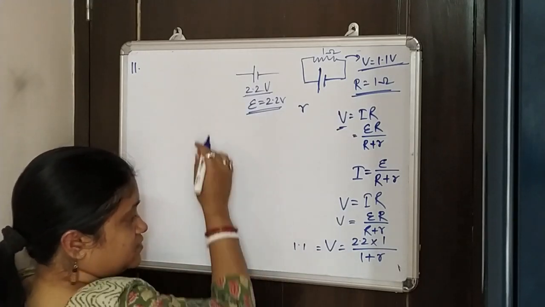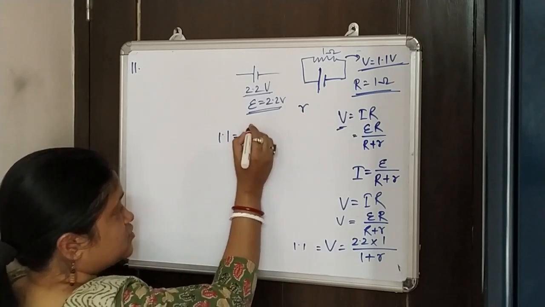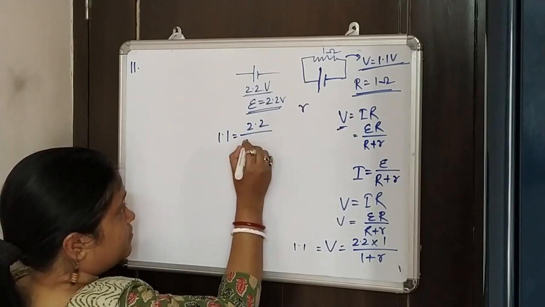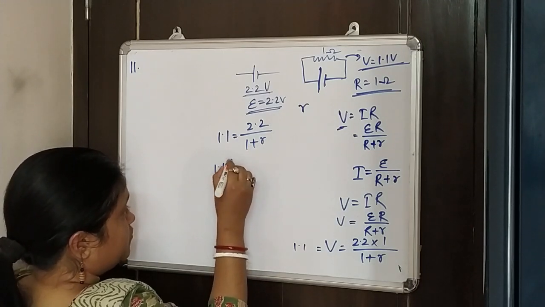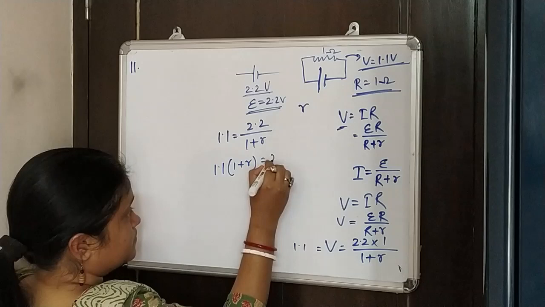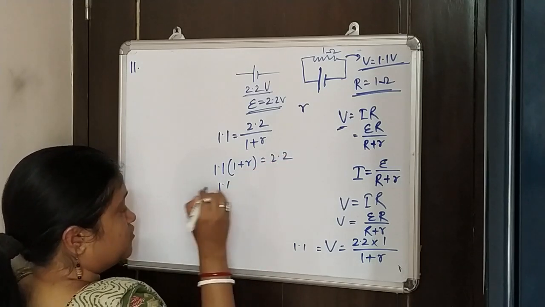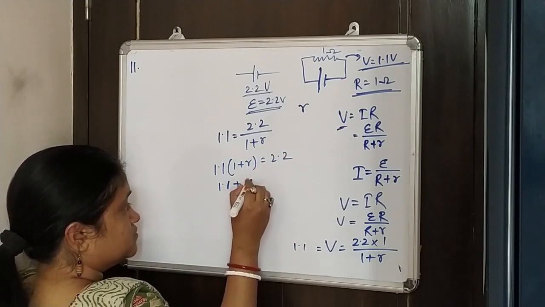So we can write this again. 1.1 is 2.2 divided by 1 plus r. Then doing that, we can write 1.1. Now just calculating it.